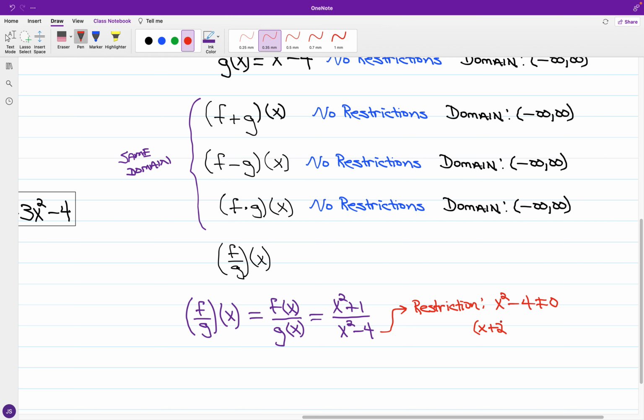Okay, so, and for the difference of squares, the factors cannot be 0.